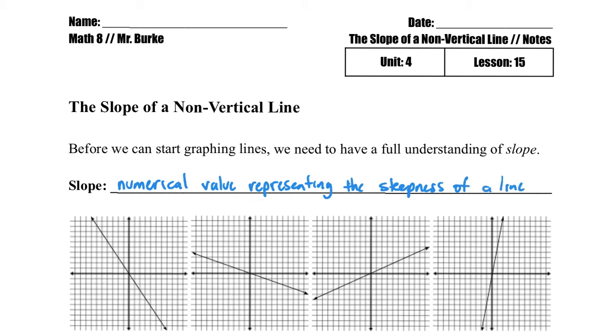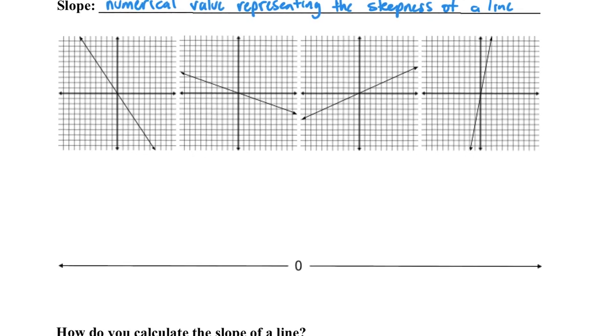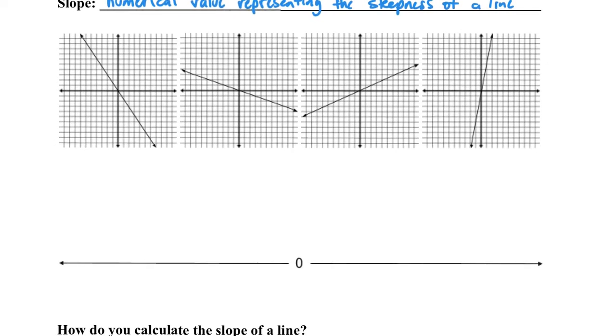So if you look at these examples of lines here, we will see that they've got different steepnesses, including the fact that some of them are heading down and some of them are heading up. And so what I will tell you is I'll actually give you the slopes of these, and then we can talk about the range of slopes that you could find.